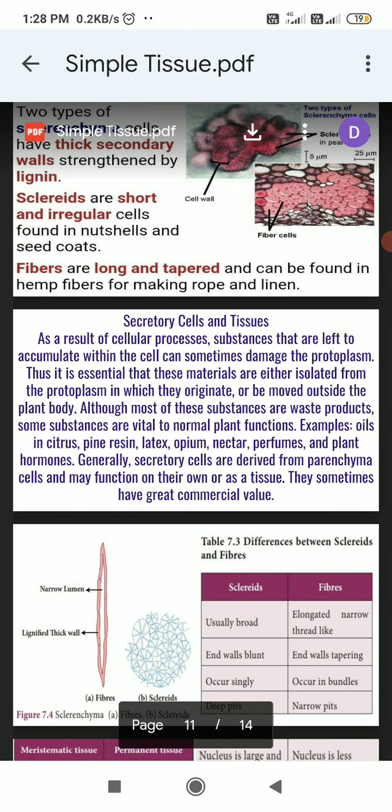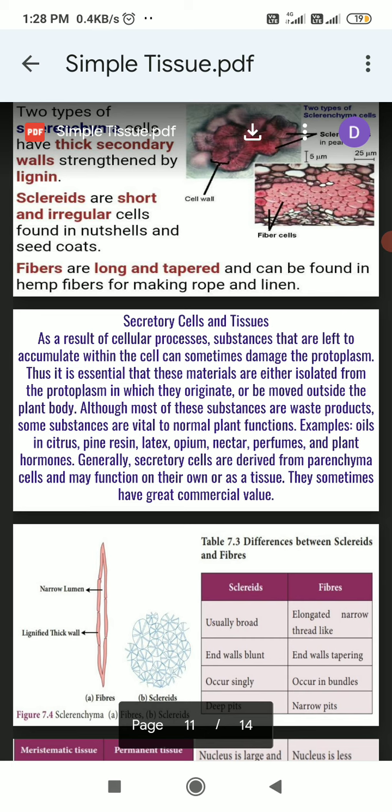Then come towards the secretory cells and tissue. As a result of cellular processes, some substances are left to accumulate within the cell and can sometimes damage the protoplasm. Thus, it is essential that these materials are either isolated from the protoplasm in which they originate or be moved outside the plant body.